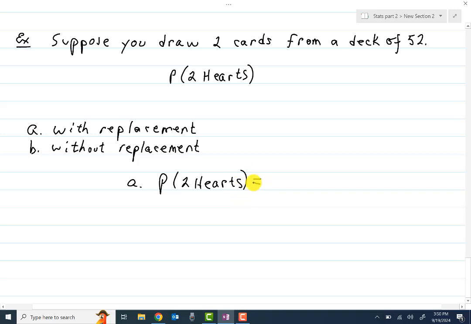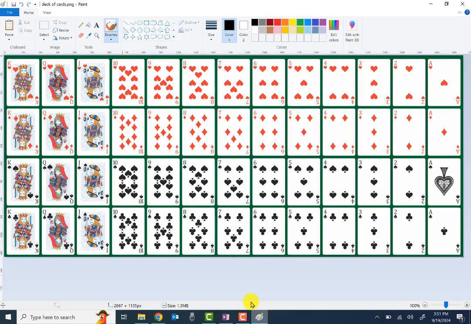So let's do the first card. What is your probability of getting a heart? Well, if you don't know cards, you're stuck here. I happen to have in my computer a deck of 52 cards printed out. So let me grab the picture. Here's a deck of 52 cards. Each of these rows is referred to as a suit.